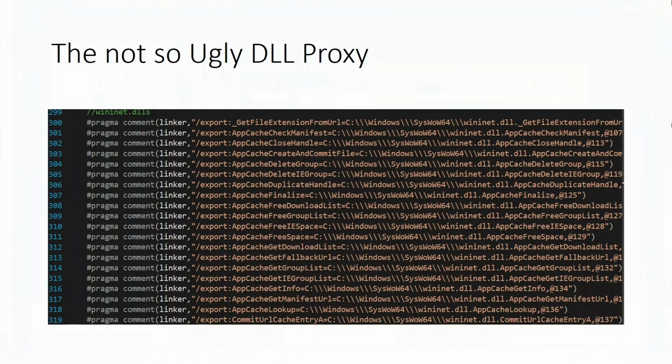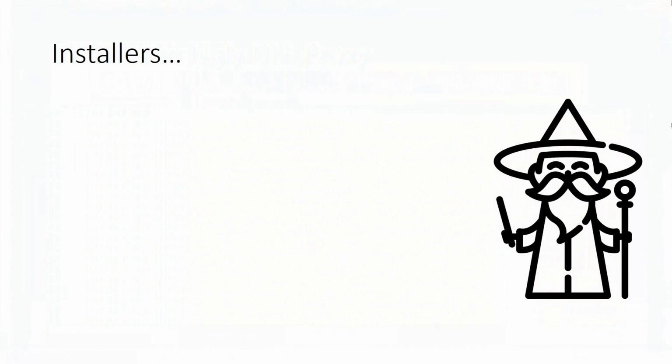Now, where is this attack so useful? Which type of components are so vulnerable to DLL hijacking? Well, installers. Installers are arguably one of the worst software components ever written, and they are prime targets for DLL hijacking. The main reason is that they're almost always privileged.